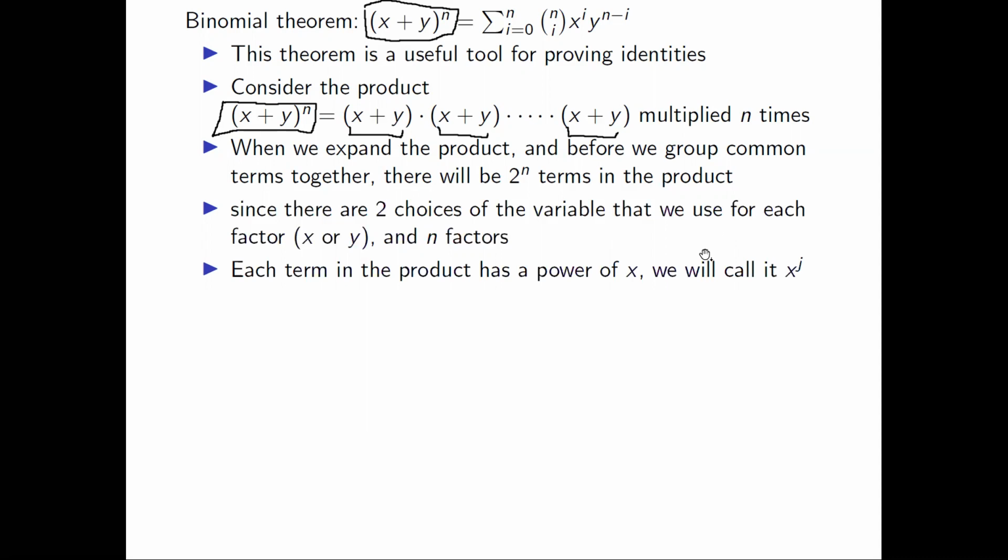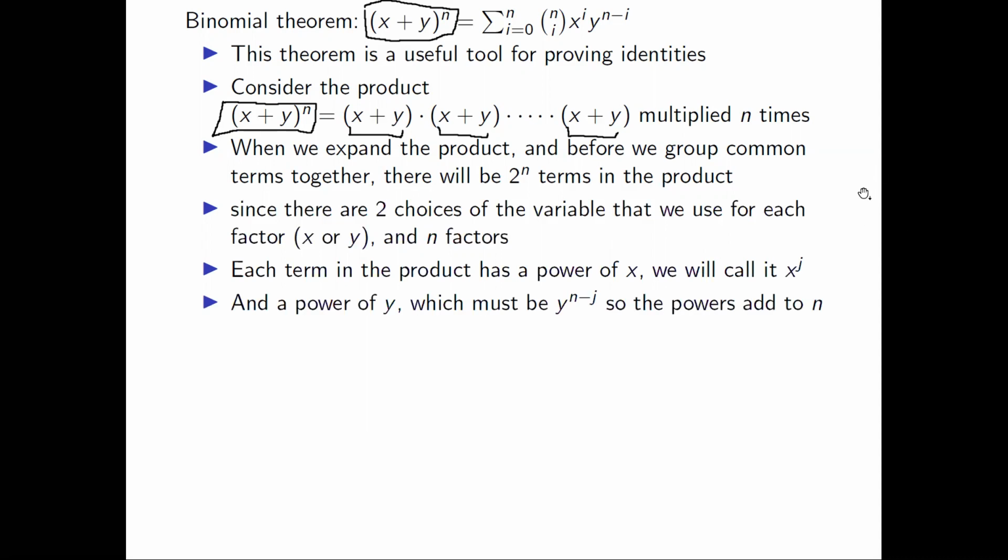Now, when we have this product expanded out, each term in the expanded product is going to have some power of x in it and some power of y. We'll call the power of x x to the j for some integer j.